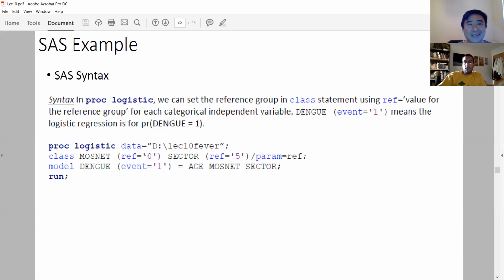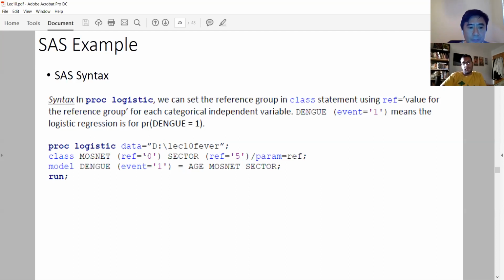But SAS is underlyingly creating a dummy variable 0 and 1, where male will be 0 and female will be 1. Then your interpretation will be comparing female to male, because male is the reference group. That's exactly what I did. Yeah, that's correct.